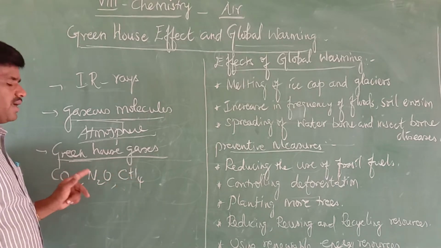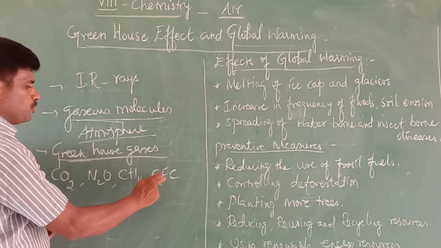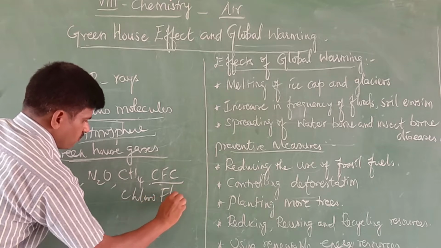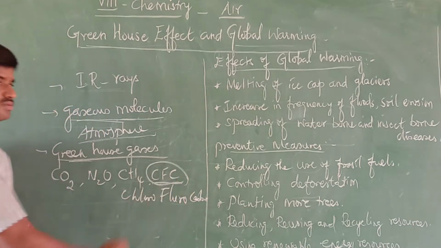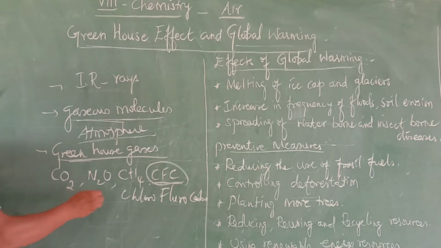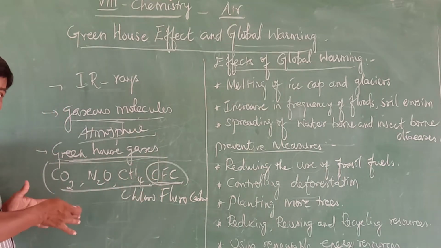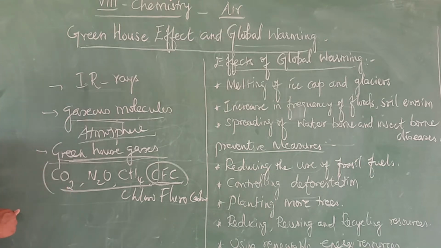Carbon dioxide, nitrous oxide, methane, and then CFC, chlorofluorocarbon. It is shortly CFC. So these are the gaseous molecules present in the atmosphere, which absorb the infrared rays released from the land and the ocean.